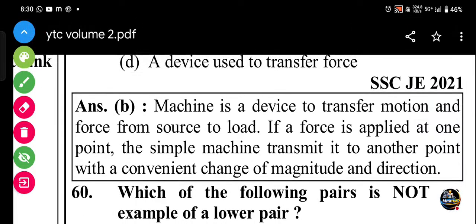Here is the explanation. A machine is a device to transfer motion and force from the source to load. If a force is applied at one point, the simple machine transmits it to another point with a convenient change of magnitude and direction.